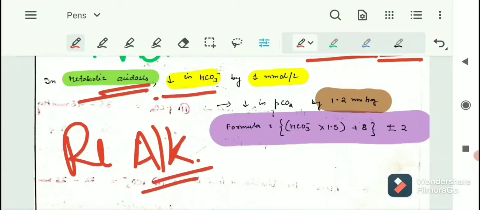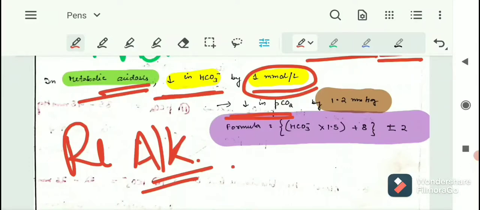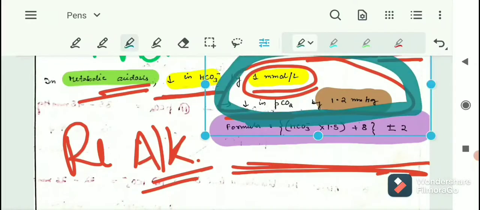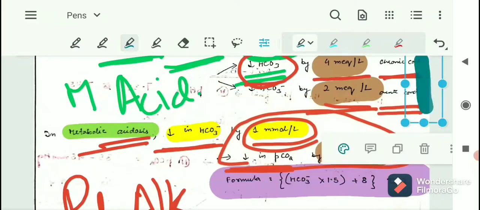So if the decrease in HCO3 is by 1 millimole per liter, then the decrease in PCO2 will be by 1.2 millimeter Hg. The exact formula is different, but this is the gross, like you can remember this as the gross, and the exact formula is this one.